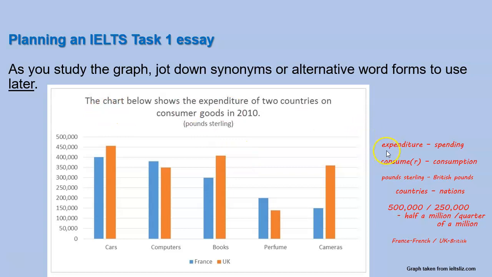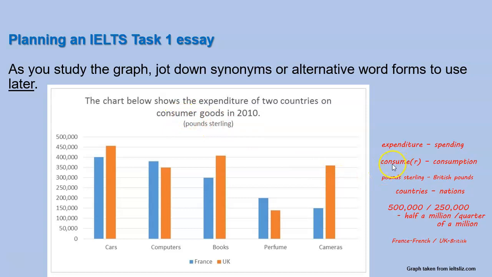So you want to make some notes about synonyms and word forms. You want to get a word bank of alternative vocabulary that you can use to show your word knowledge. So we've got expenditure, we can say spending. We've got countries, we can say nations. We've got consumer, that's an adjective here.